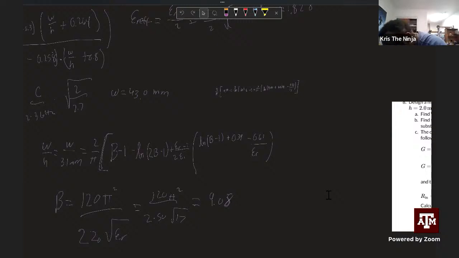Okay, cool. So everything in this big parentheses that I just solved for should be 2.12.